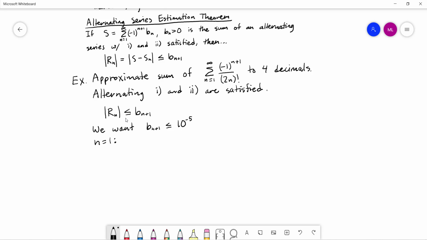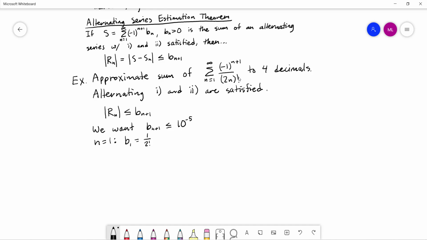So when n equals 1, I want to look at what is the first term that we're going to get. So what is b sub 1? As we plug in n equals 1 up here, we'll get negative 1 squared, which is positive. So I'll just have 1 over 2 factorial.